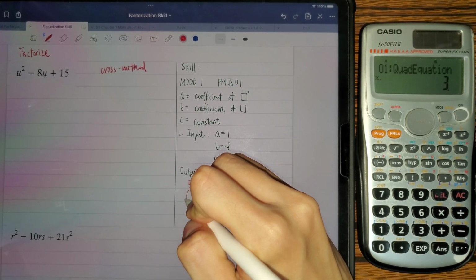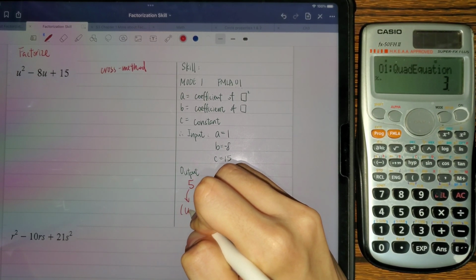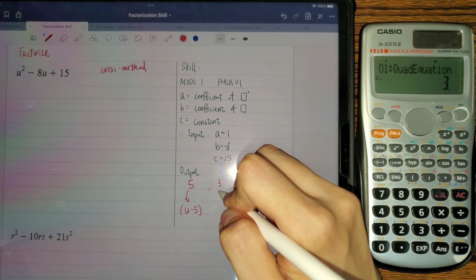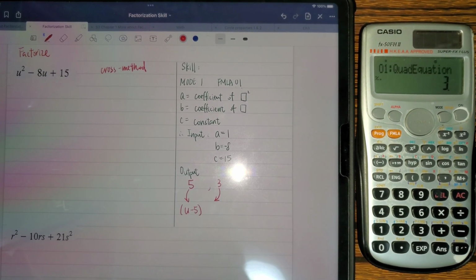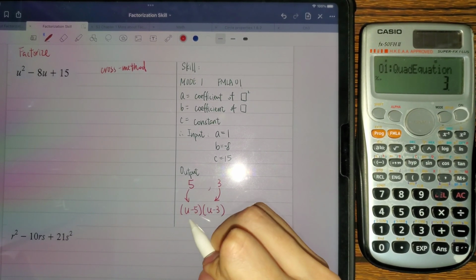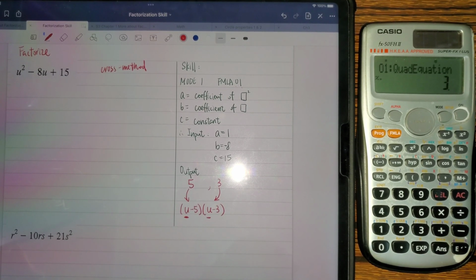So for 5, we go back and think about u minus 5, and for 3, we think about u minus 3. Remember, today it will be u, not x. It is not necessary to have the x all the time. Today we got u square, so it should be u here.